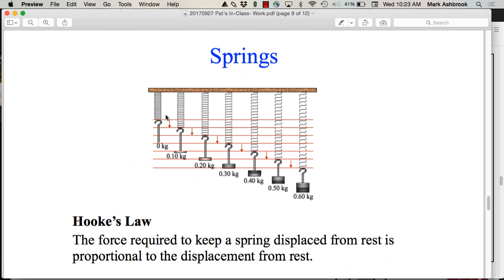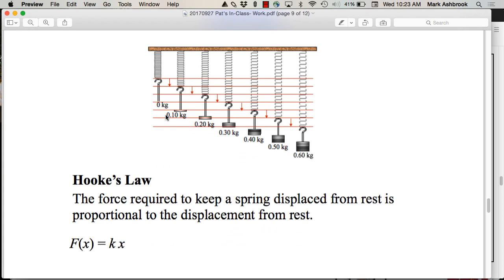So springs are subject to what's called Hooke's law. Hooke's law means that the force required to keep a spring displaced from rest is proportional to the amount of displacement. So in other words, that would be this here. The force to keep a spring stretched from its natural length is proportional, or k times its displacement. So the key is, x is not the length of the spring, but how much you've stretched it from its at-rest length, or natural length.